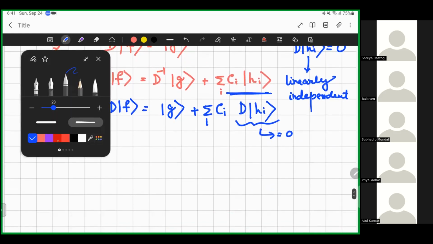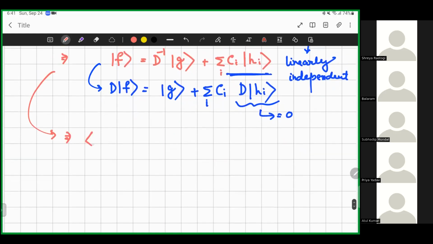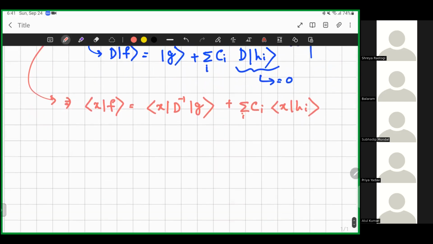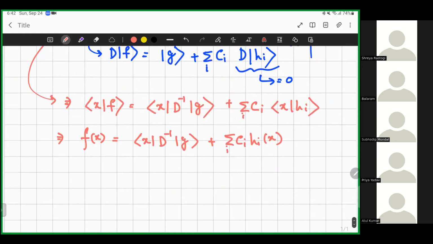Now from here, if we project onto x, then it will be <x|D inverse|g> plus summation over i of c_i <x|h_i>. So we can write it in function space again. f(x) is equal to, let me write it like this right now, and this will be c_i h_i(x).